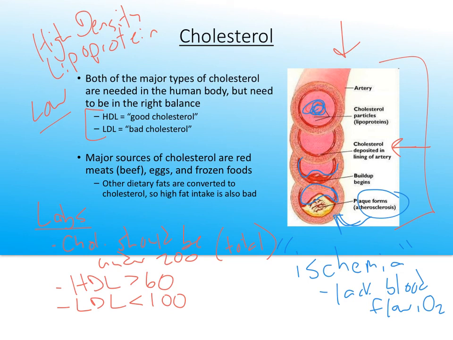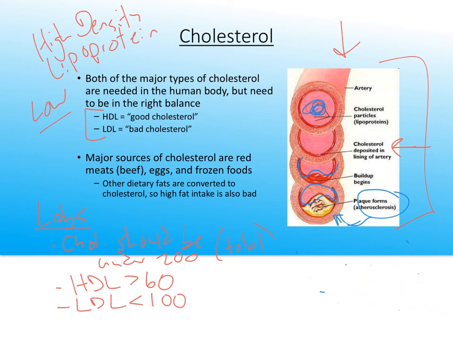One other thing I want you to know is how we treat someone who has high cholesterol. So if diet and exercise doesn't help, which is what I went through when I was in college, then we have to give these people medications. The main type of medication that we use is called a statin drug. You've probably heard of Lipitor or maybe Crestor on TV before.